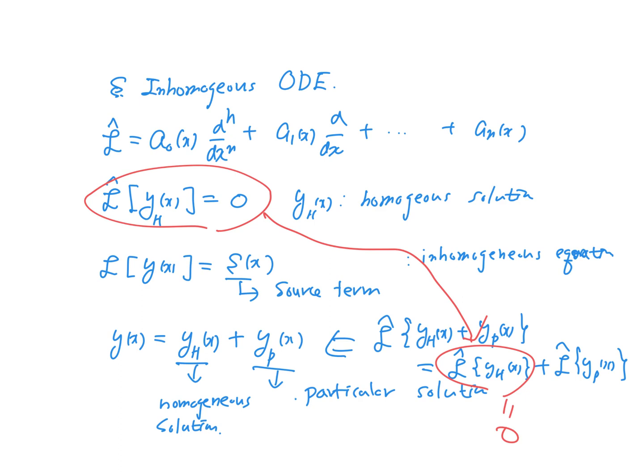So this y_h is the original solution of this differential operator. And if you have a new problem such that L y(x) is S(x), then the solution can still be composed of two components: the homogeneous part and the inhomogeneous part. Because if you substitute this y_h back in, it is again still 0, right? So if you add something to 0, it doesn't change anything. So this is S(x).